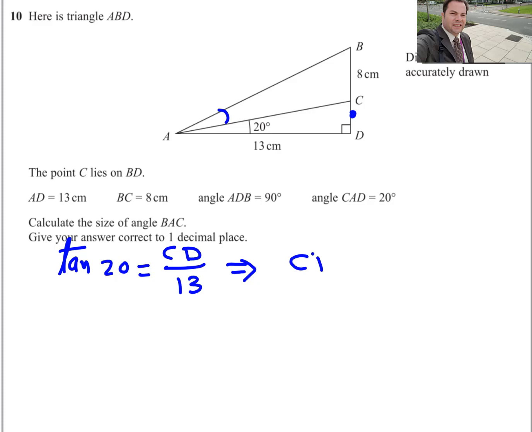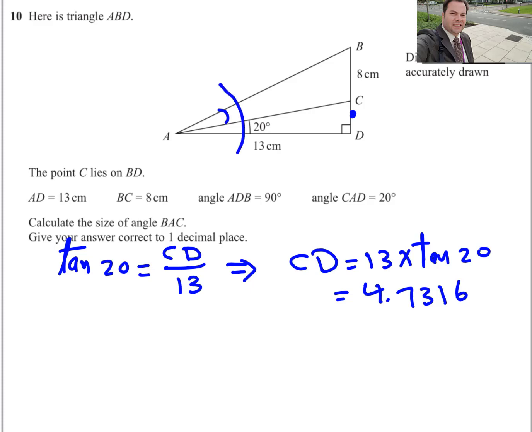So CD is equal to 13 times tan 20. So by calculation, the answer will be 4.7316.